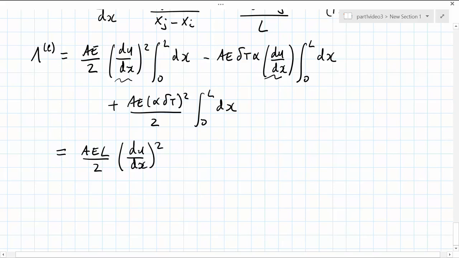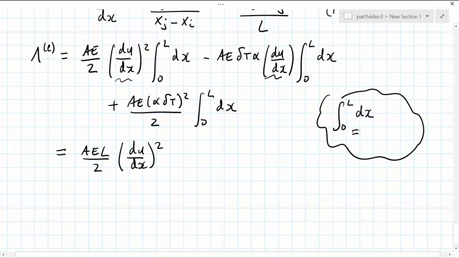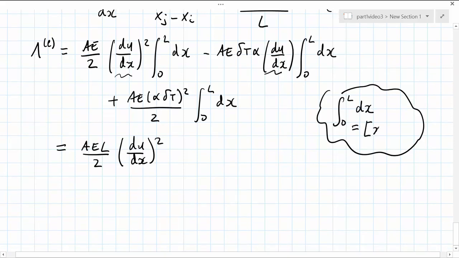So the reason we now have an L here is because we were integrating 1 with respect to dx, and because this is a definite integral from 0 to L, the resulting value of x is then replaced by L. Just as an aside, I will show you what I mean by this. The integral from 0 to L with respect to dx is simply equal to x from 0 to L, which is then equal to L.